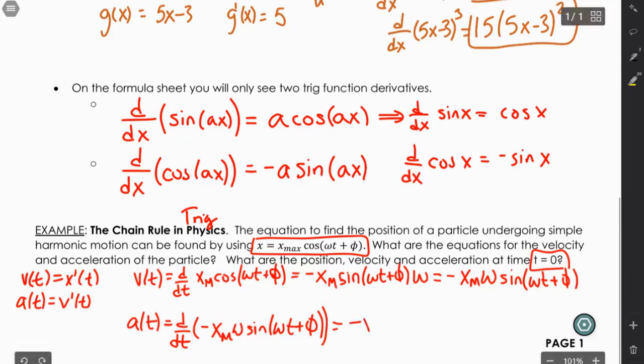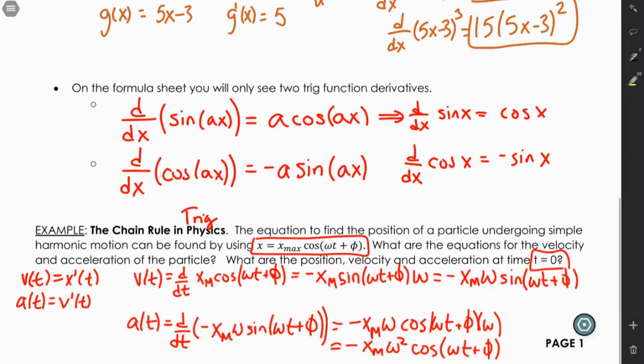So we have negative x max omega, cosine of omega t plus phi, times omega. And so that ends up being negative x max omega squared cosine of omega t plus phi.